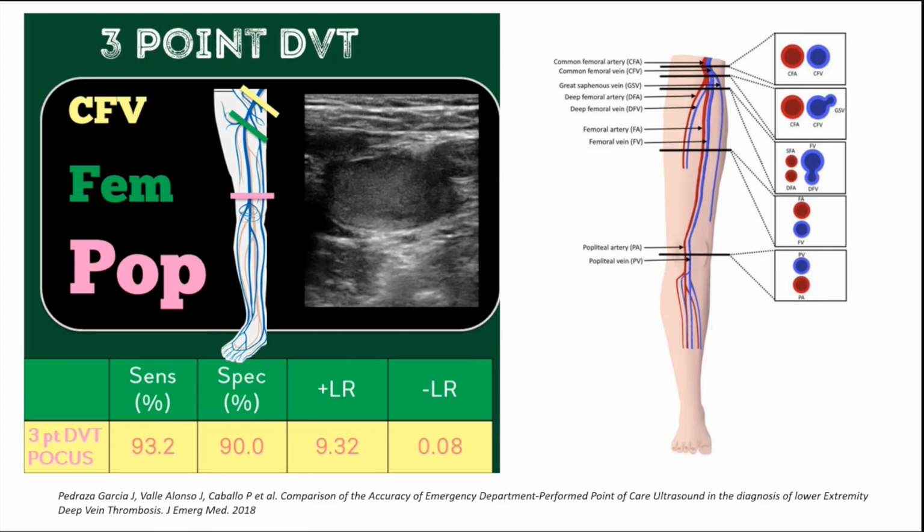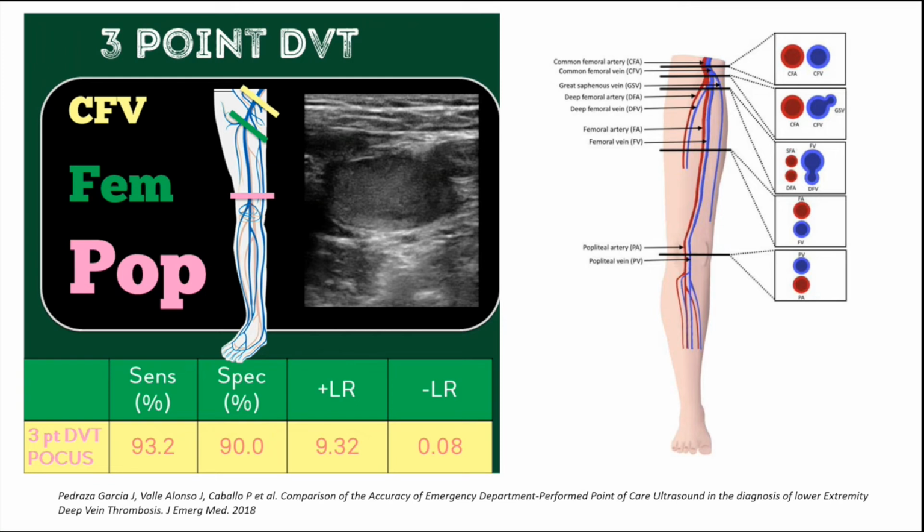Studies have found the 3-point compression ultrasound protocol to be the most feasible while maintaining similar sensitivity and specificity when compared to a whole leg scan. This shows a prospective diagnostic test assessment of 3-point ultrasound conducted in patients with suspected DVT in the lower limb.